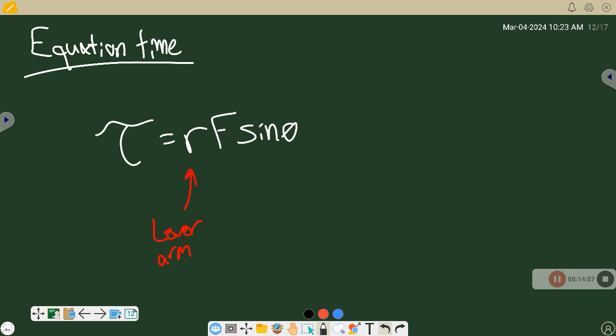By adding that sine theta, I'm essentially forcing myself to always calculate just the perpendicular part. Kind of just makes my job easier, really. So this will always cause me to get the y component of the force, and that way I know that is what's actually going to be applying a torque to our object.